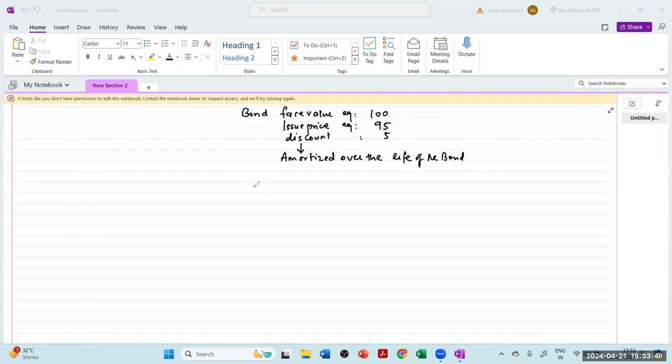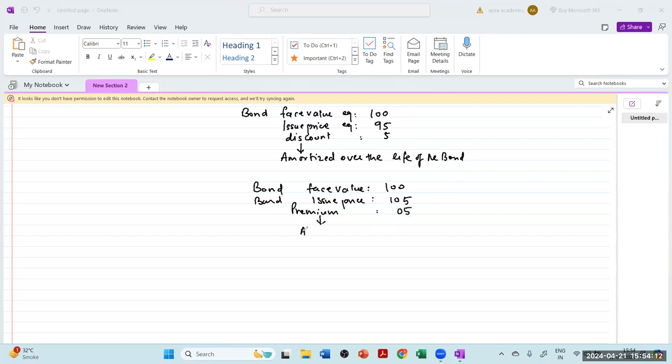In a similar case, a bond can have a face value, for example 100. It can have an issue price, for example, 105. So what's the premium? It is 5.